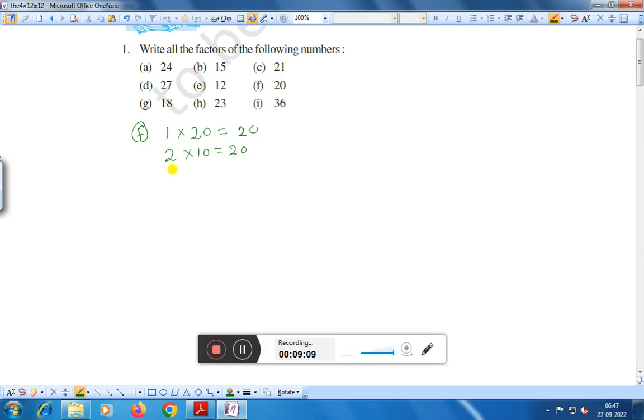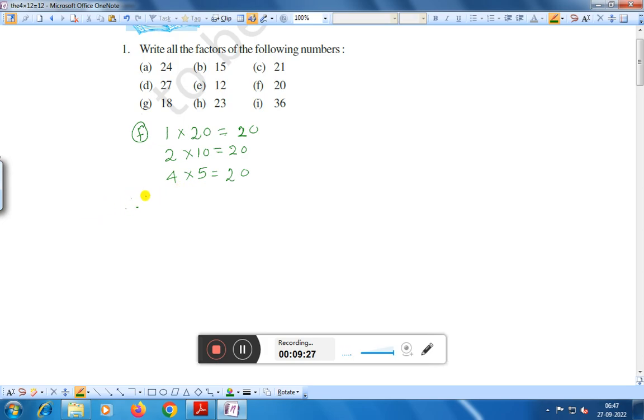In table of 3 we will not get 20. Table of 4, that is 4 into 5 is equal to 20. Again we are repeating, 5 into 4 is 20. That means here you will stop. And the factors of 20 are 1, 2, 4, 5, 10 and 20.